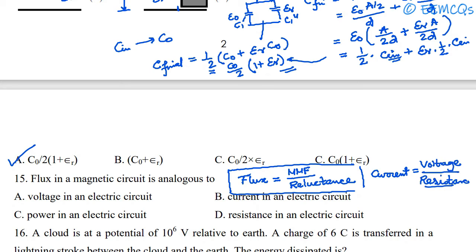Okay, so definitely we can compare the current in the electric circuit with flux in the magnetic circuit or vice versa. So here flux in the magnetic circuit is analogous to the current in an electric circuit.